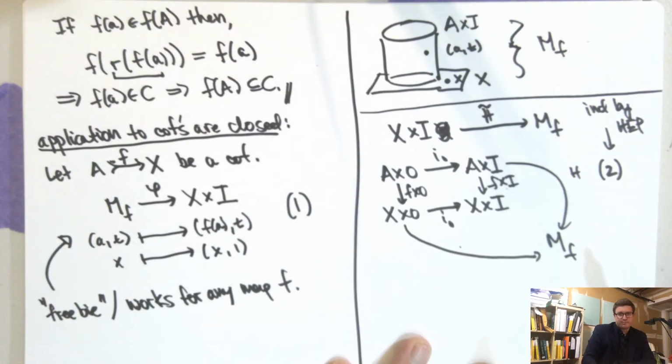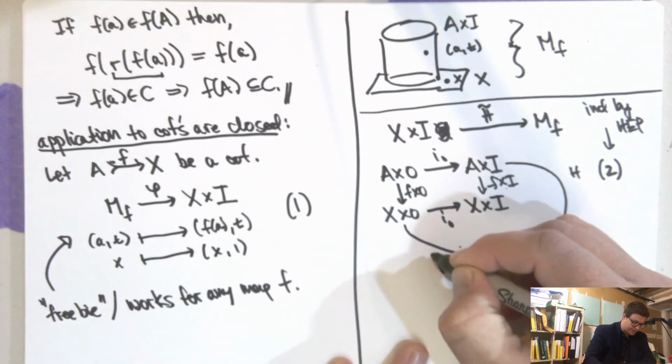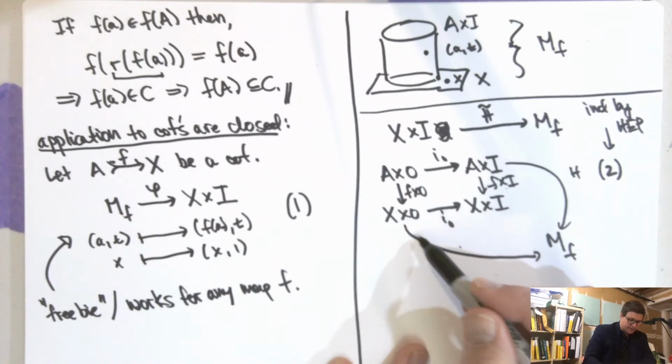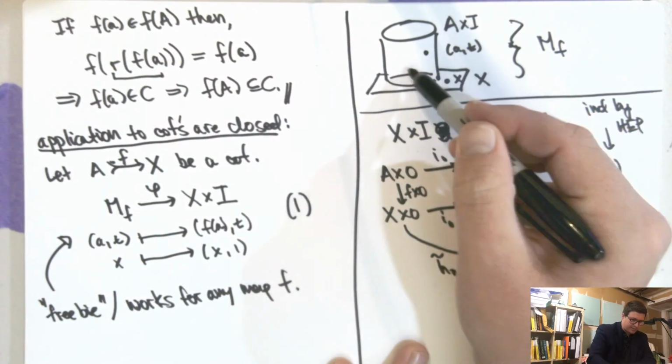They're equivalent ways of thinking about this, and you should get used to thinking about both ways. Then there's this map here, which is the inclusion at the bottom. We can call this H0 tilde. So X goes into this bottom slice.